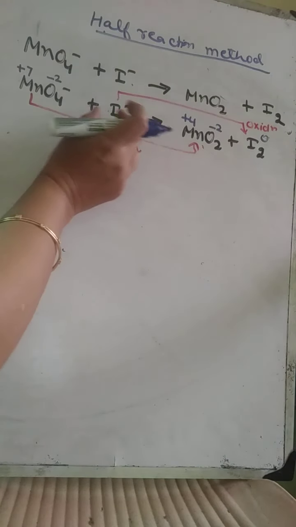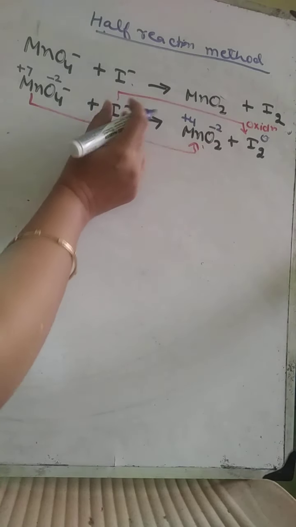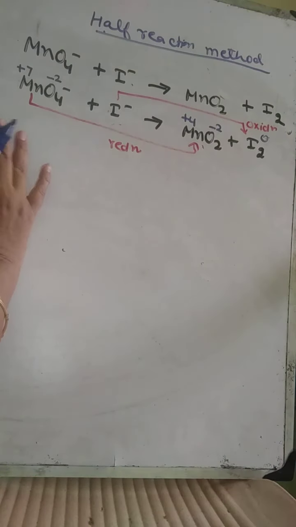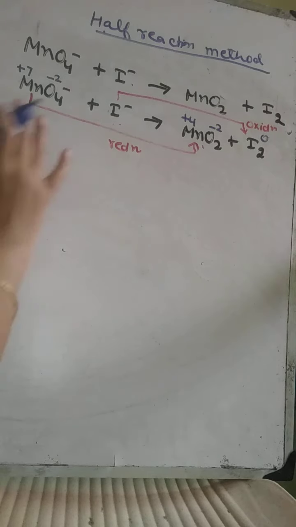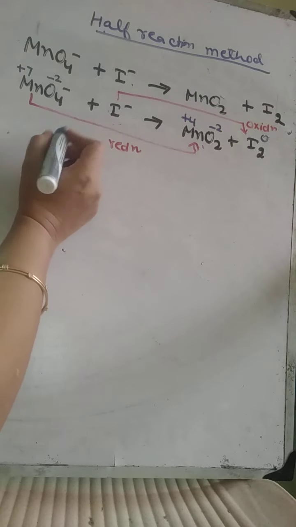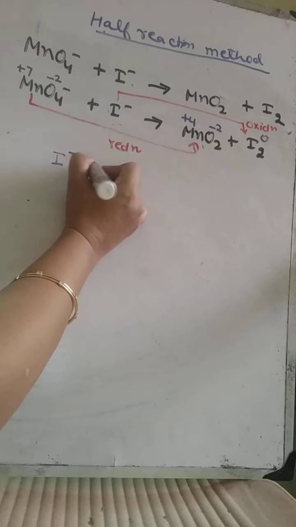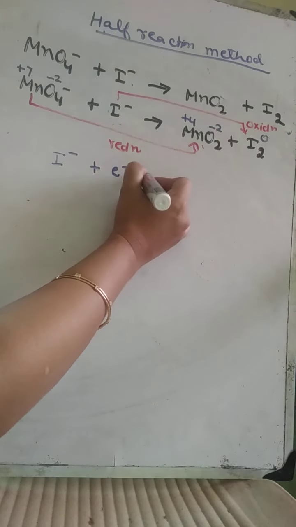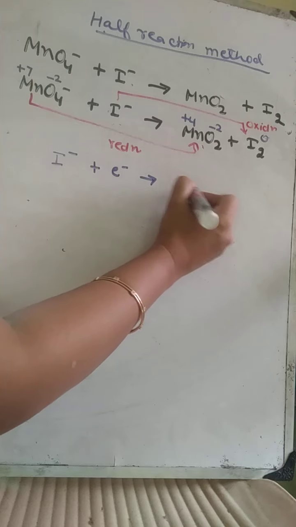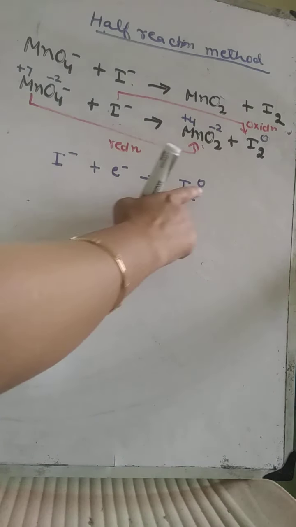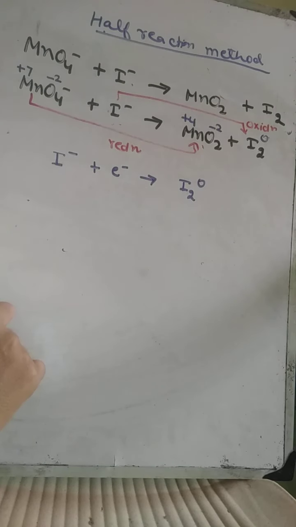Now what you do is, you just separate the oxidation side and the reduction side. Like in the previous one, whatever step we were doing in rough, now we will do it in the fair. So I can write I negative gaining 1 electron to give you neutral I0.